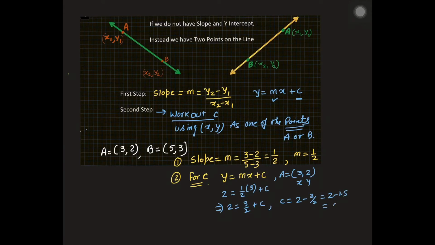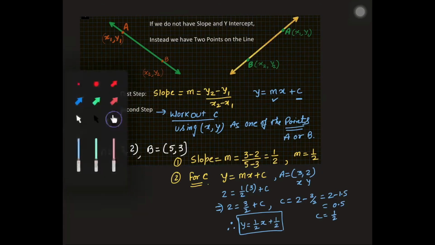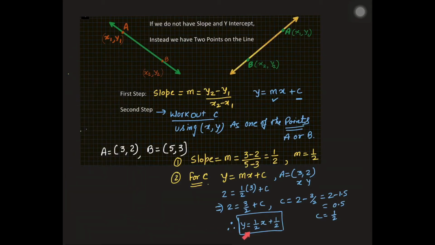You can do it in fractions or decimals. It's your wish. So I got c equals 0.5 or 1 over 2. Therefore, the equation is y equals 1 over 2 x, which is the slope, plus 1 over 2 again, because c is also 1 over 2. You can verify by plotting this line on a graph or on Desmos or any other software.